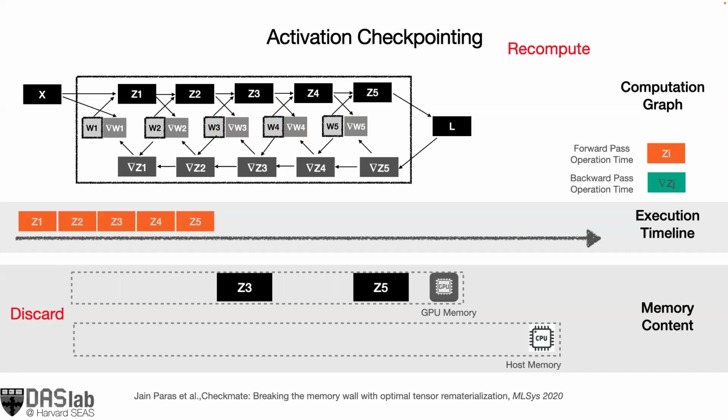And now, instead of having 5 tensors in your GPU memory, we only have 2 tensors. So this highly reduces the peak memory consumption of our training workflow. Now we start the backward path with the loss value, because we have Z5, and now we can update W5.